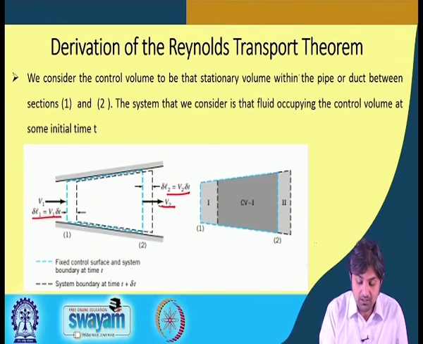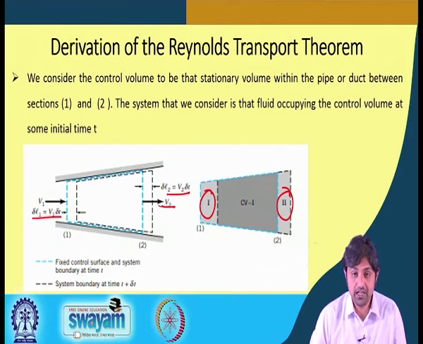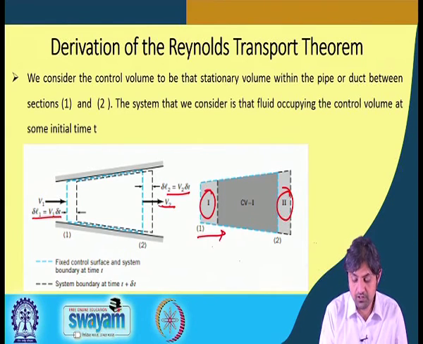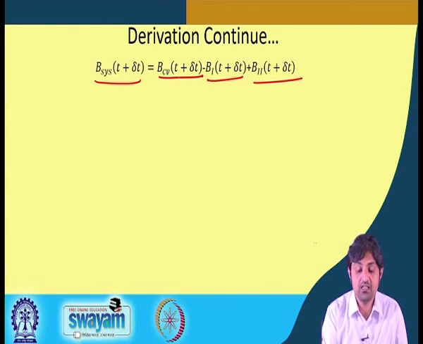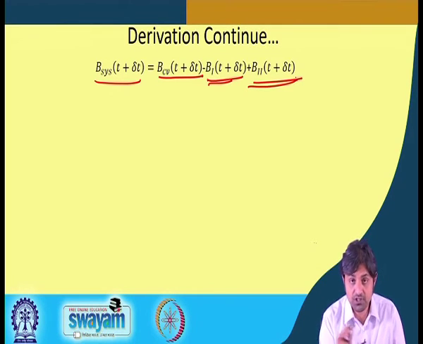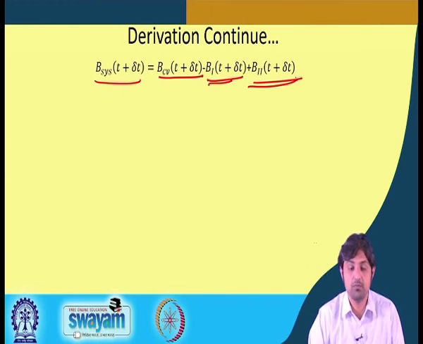You see, this was 1, this was 2. Because this has moved right now, but earlier it was a part of B system. So we simply write B CV at t plus delta t minus B1, this has moved, but this has already proceeded forward, so it has come into the system.